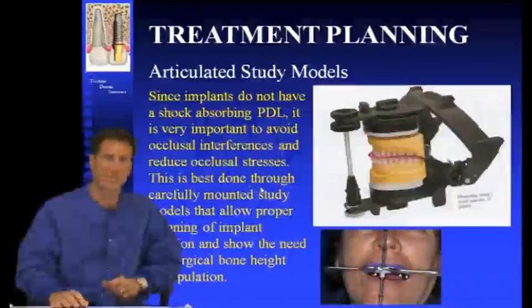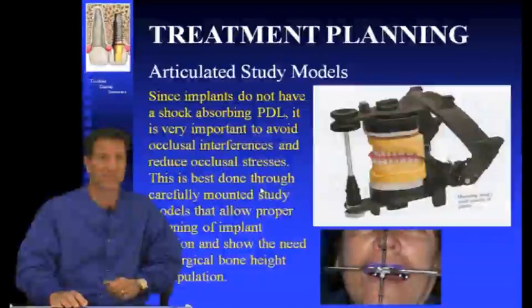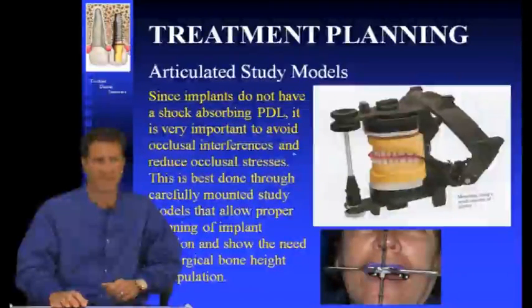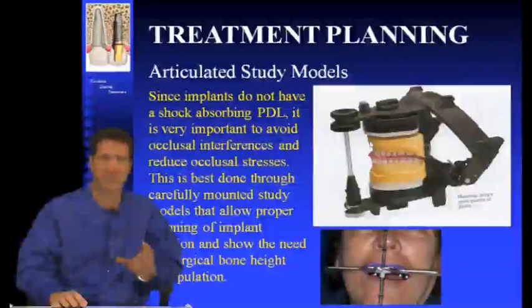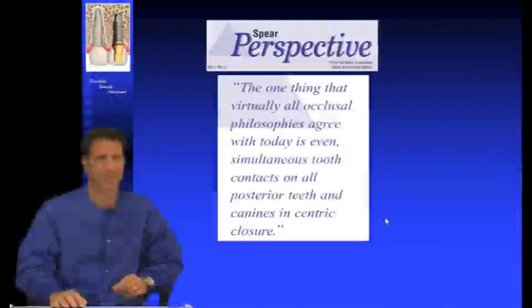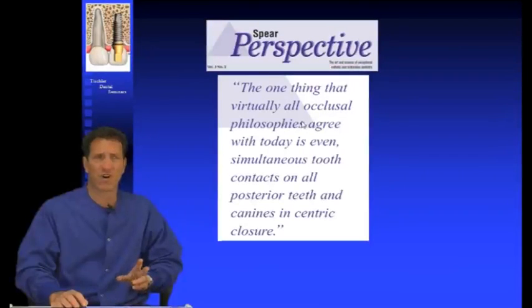So one of the first things you want to do when you're treatment planning is to create articulated study models and be able to see the bite relationship and do a face bow. And Frank Spear says the one thing that virtually all occlusal philosophies agree with today is even simultaneous tooth contacts on all the posterior teeth and canines in central closure.